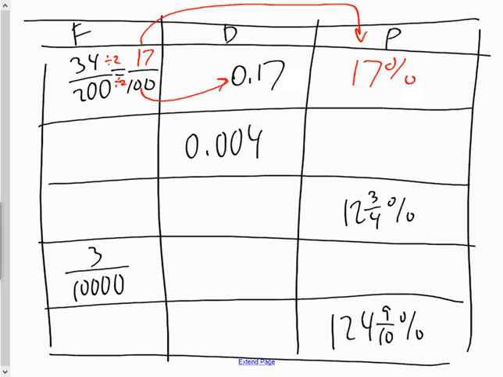The second question says 0.004, which we'll read as 4 thousandths, not 10 thousandths. Which as a fraction is 4 over 1,000, which as a lowest term fraction is 1 over 250 because both of these are divisible by 4.